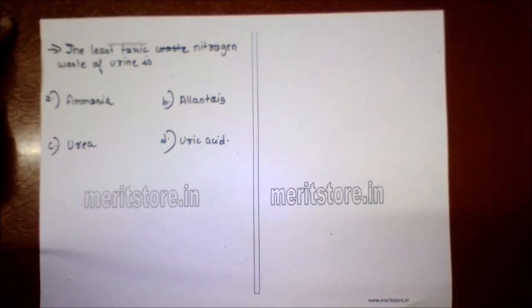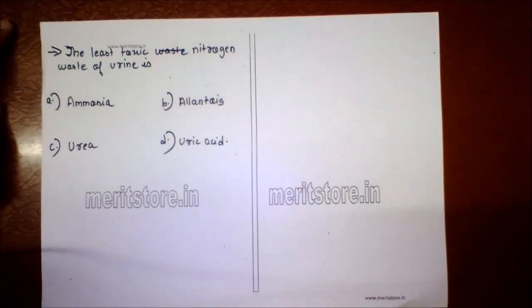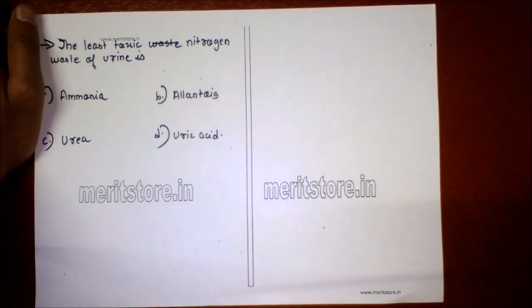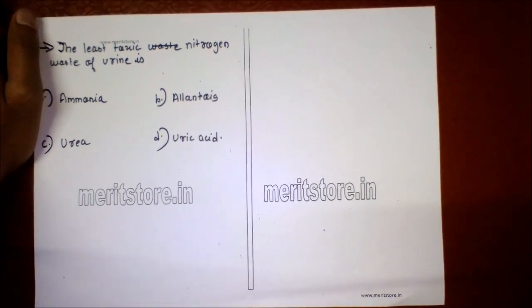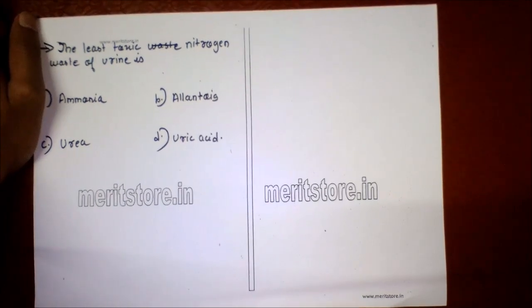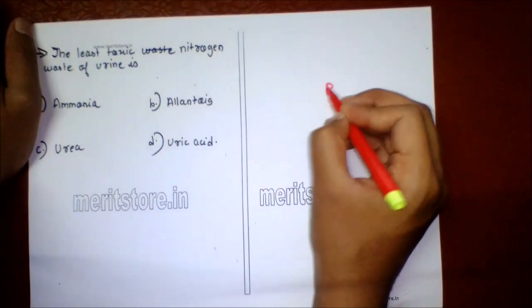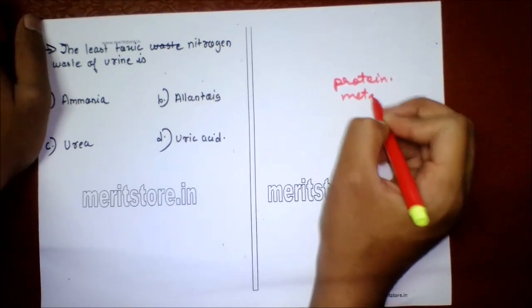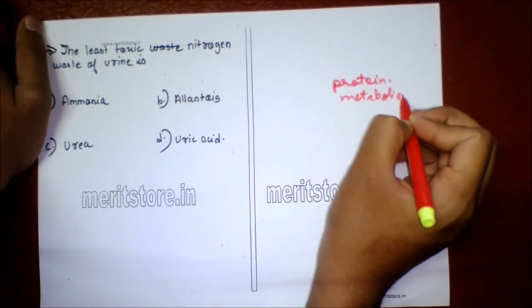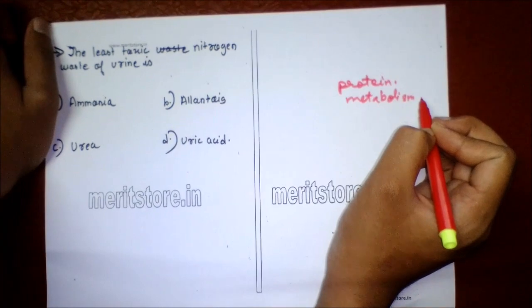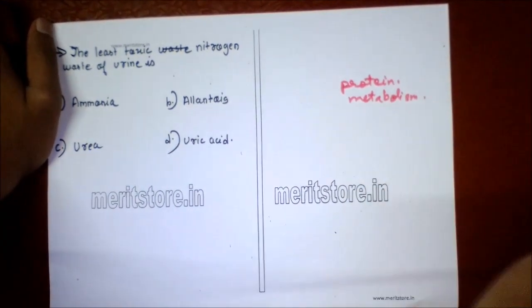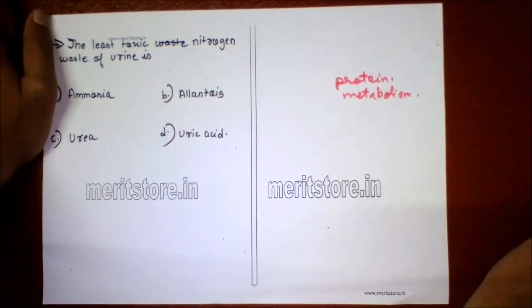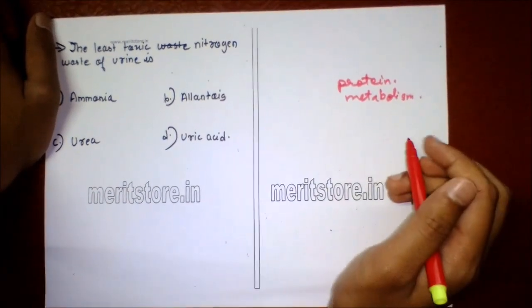Least toxic nitrogenous waste of urine is: A. ammonia, B. allantois, C. urea, D. uric acid. So nitrogenous waste substances such as ammonia, urea or uric acid are produced during protein metabolism according to the species. Small amounts of nitrogenous substances are also produced during the metabolism of nucleic acid.